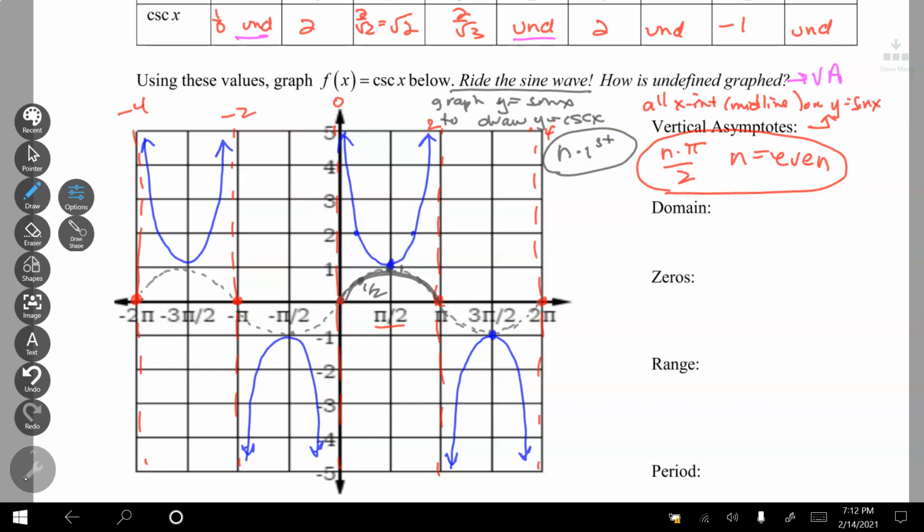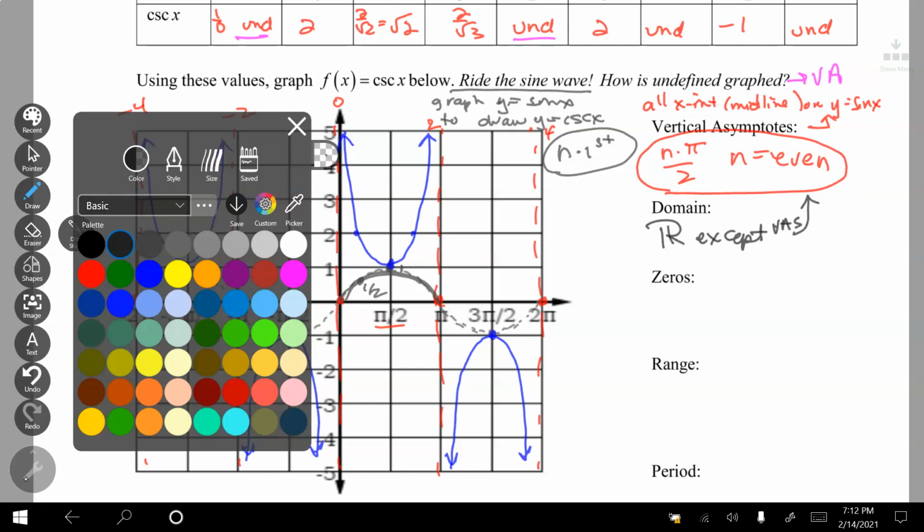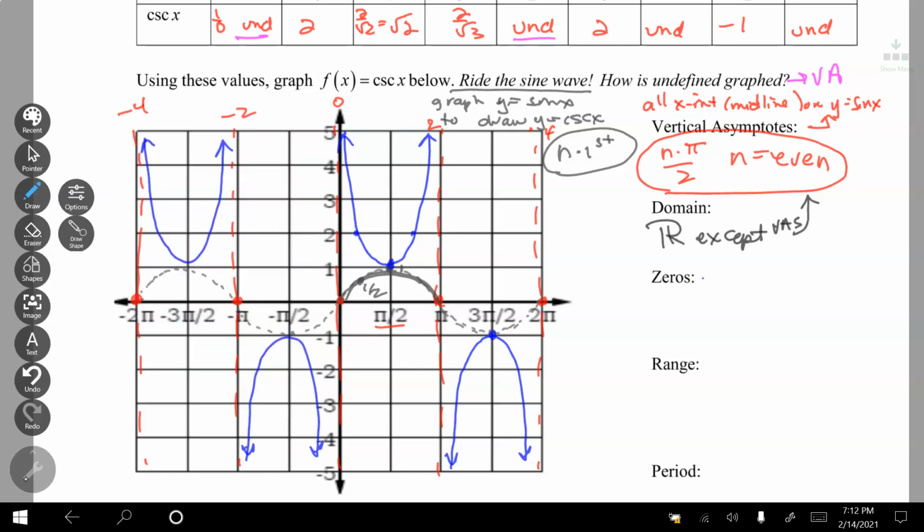My domain is not all real numbers. It's all real numbers except these vertical asymptotes. Can't use those guys. My zeros are my x-intercepts. There are none. My range is two parts, -infinity to -1, together with 1 to infinity.